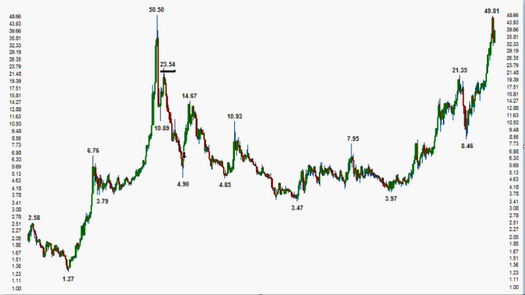And then it made a lower high, lower low, lower high, lower low, lower high, lower low, and lower high. Now we made this 3.97 over 3.47. That's a higher low, followed by a higher high. The last break low is $8.46, and currently this is at 49.81.